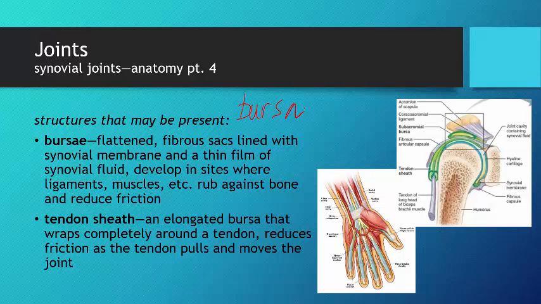These are little flattened fibrous sacs, so they have an outer dense, irregular connective tissue layer, and then an inner layer that is built of synovial membrane. So that should be sounding a lot like a joint capsule to you. It's like a little joint capsule, but it doesn't have any bones associated with it. So it is just a little pad of cushioning that may be found around the joint.